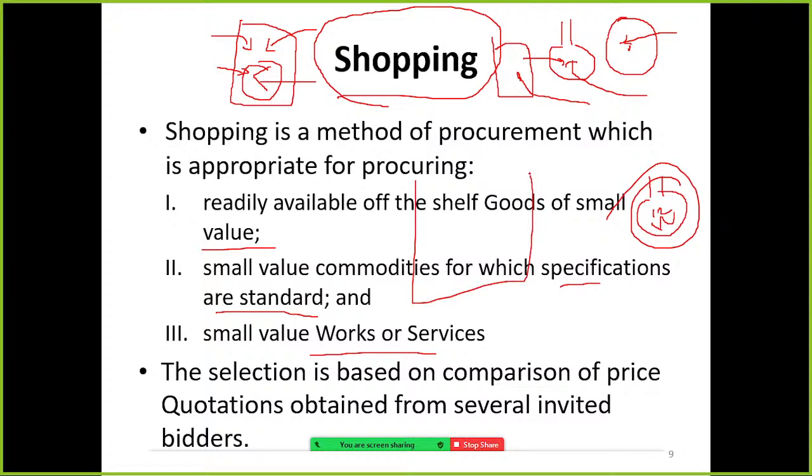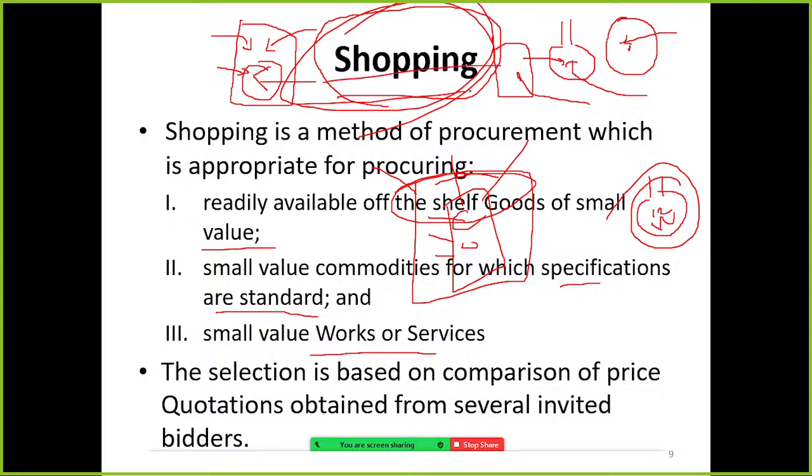They get quotations from shop 1, shop 2, shop 3. At least they want 3 quotations, and based on the quotations they will choose the lowest price supplier. Normally this happens in most public sector organizations. The shopping method is followed. This is most popular for small items.